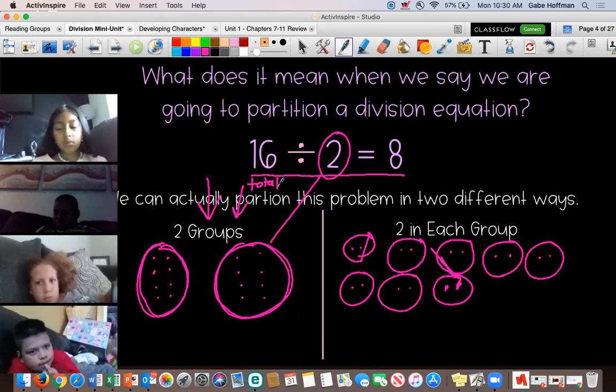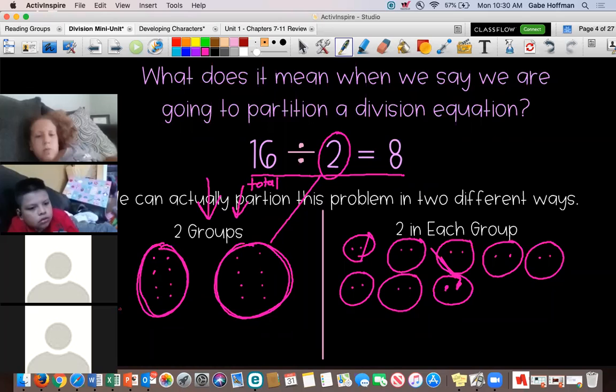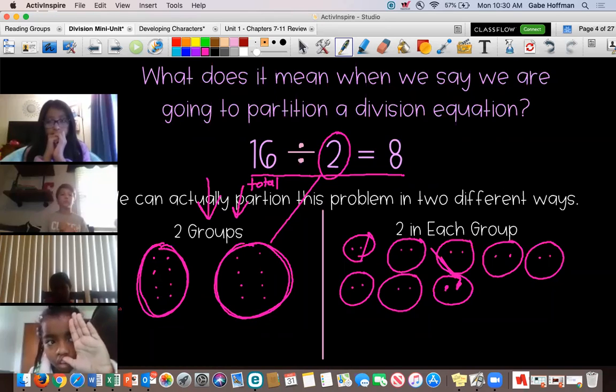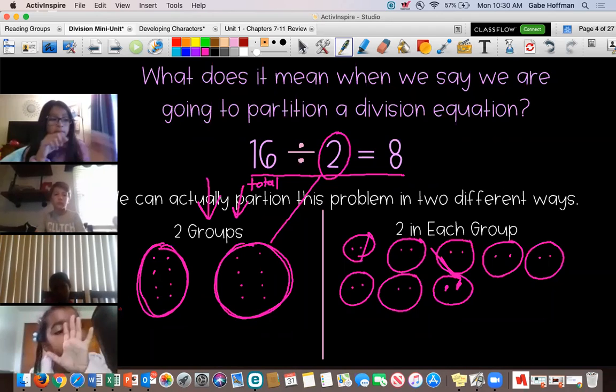Now, where's my 8? This one might be a little bit trickier because it's not as obvious. We found the 16, which is the total number of dots. 2 is the number of groups. What about my 8?